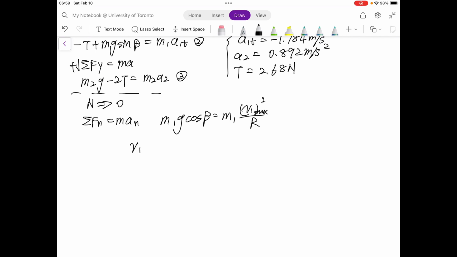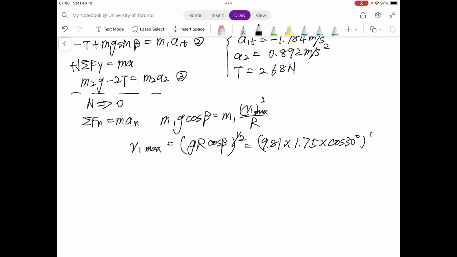So v1 maximum is equal to (g r cosine beta) to the power 1 over 2, which is equal to (9.81 times 1.75 times cosine 30 degrees) to the power 1 over 2, which is equal to 3.86 meters per second.